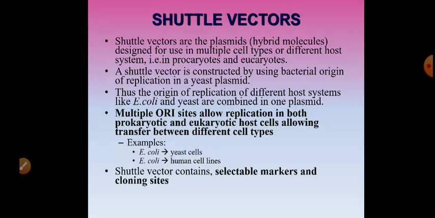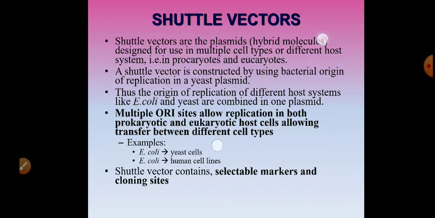That means it can be shuttled between prokaryotic and eukaryotic organisms. So shuttle vectors are plasmids. Again, they are hybrid molecules designed for use in multiple cell types or in different host systems, that is prokaryotes and eukaryotes.